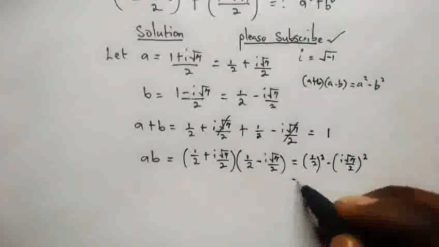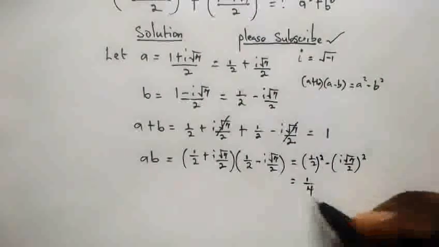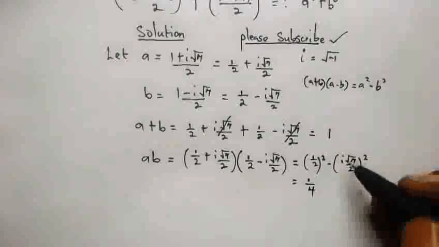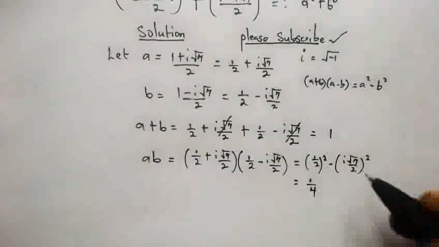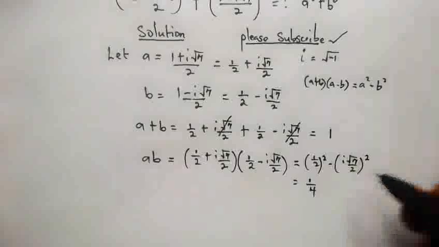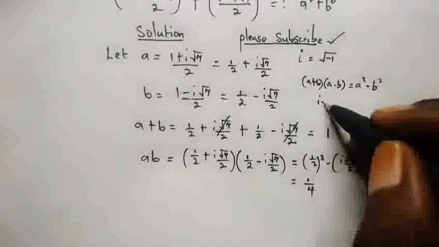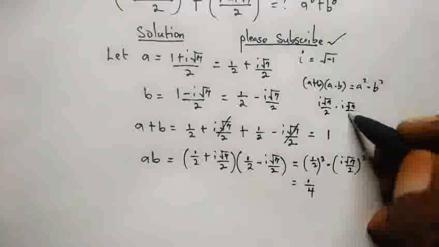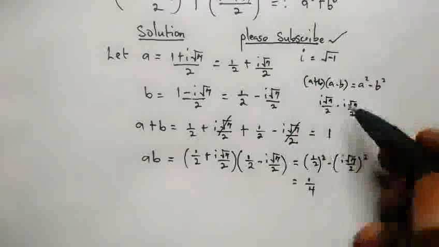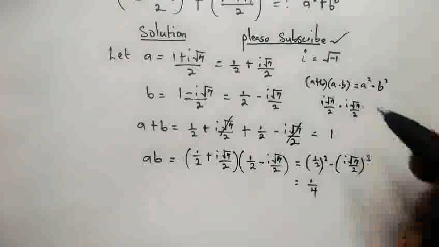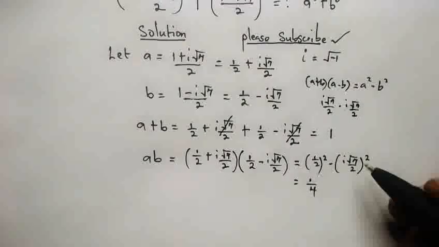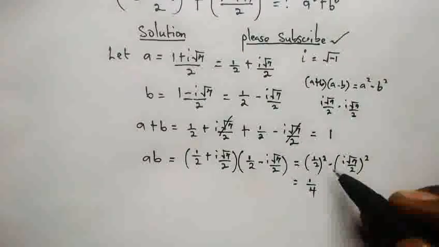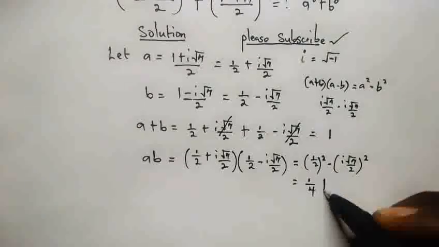(1/2)² is 1/4. Here we have minus. Do not forget that (i√7/2)² is the same as i√7/2 times i√7/2. Here i times i is equal to i², and i² is equal to -1, so with that -1 this sign is going to be positive.